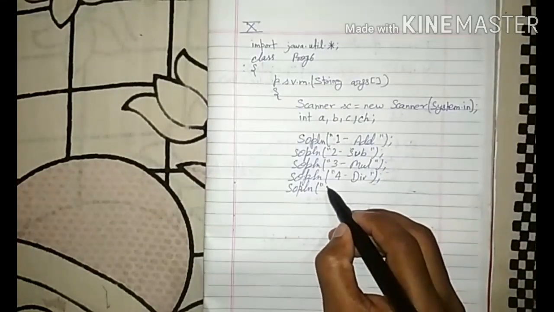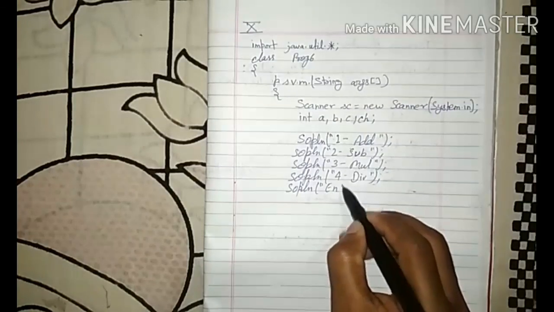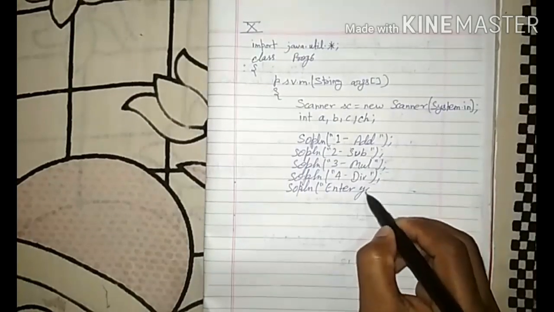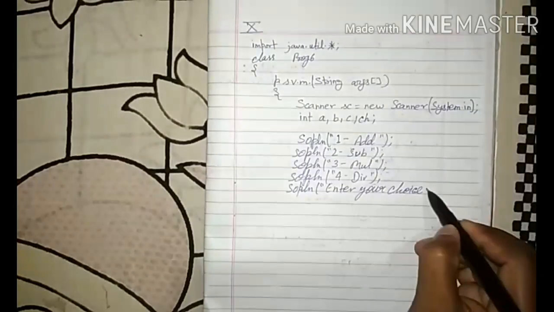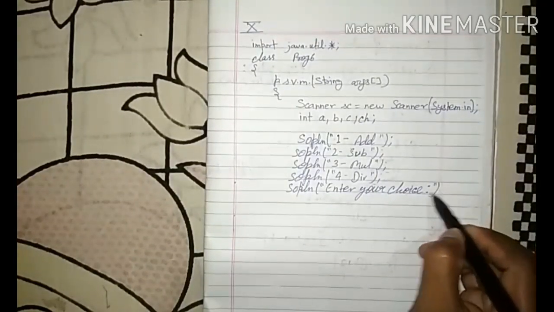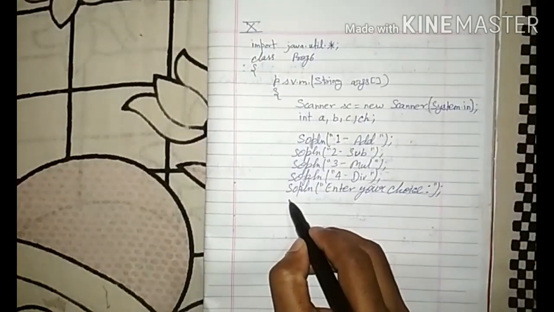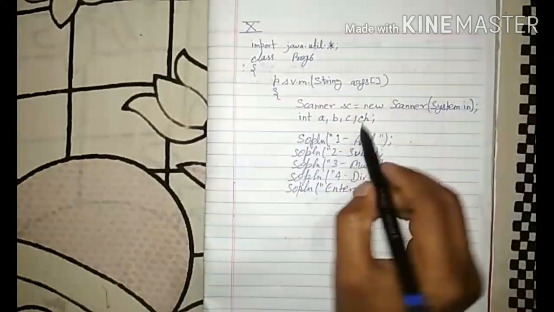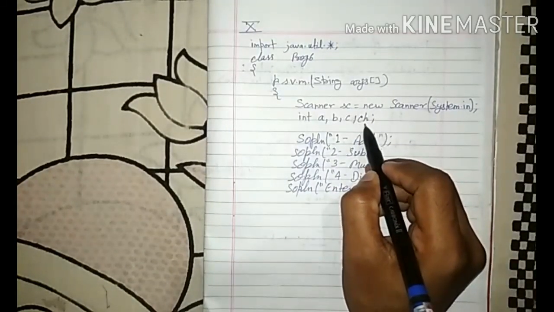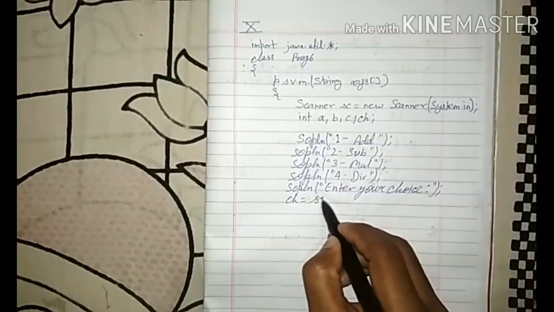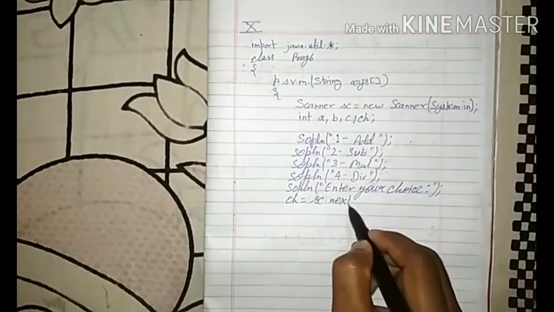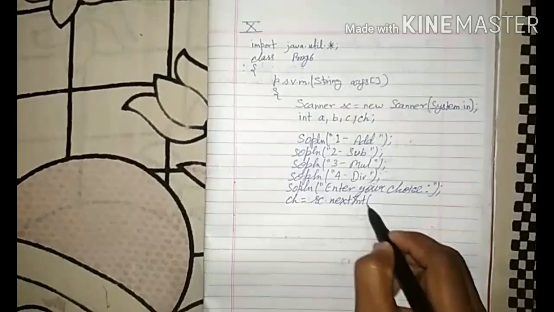After the menus we have to take the choice. That's why I'm writing here, enter your choice. As I told, this ch is used to store the choice. So ch is equal to sc.nextInt, the I should be capital, mind this point.